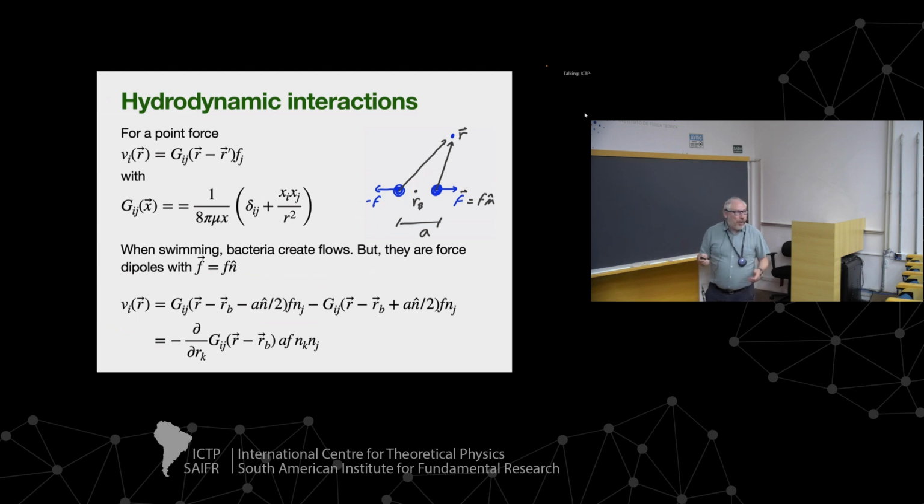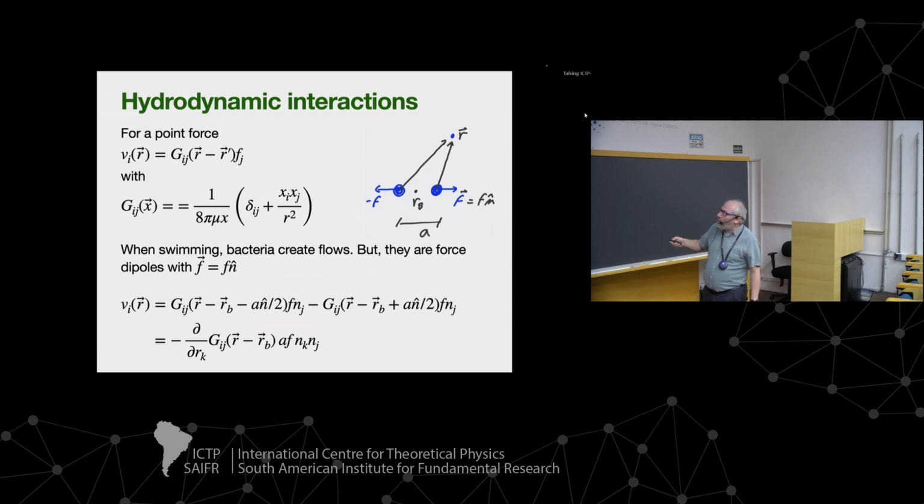It's a complicated expression, so what you do is a Taylor series. If you do a Taylor series for A small, then the zero order term cancels, and then you have to take the derivative of the G with respect to the position, and then you have to sum this term.